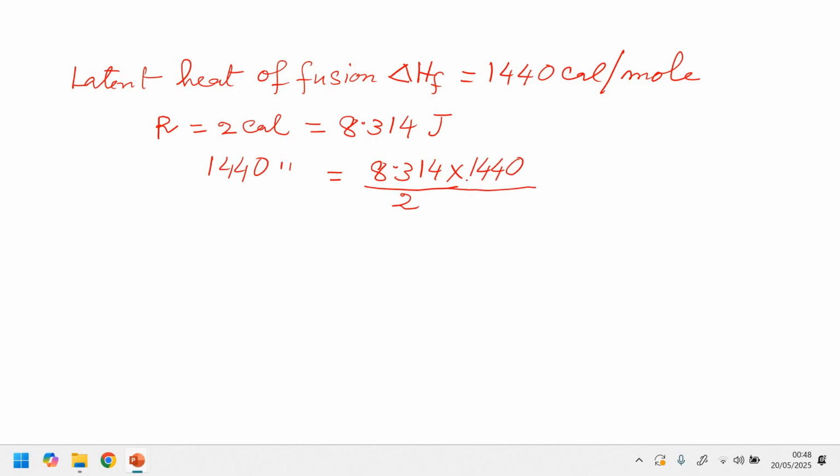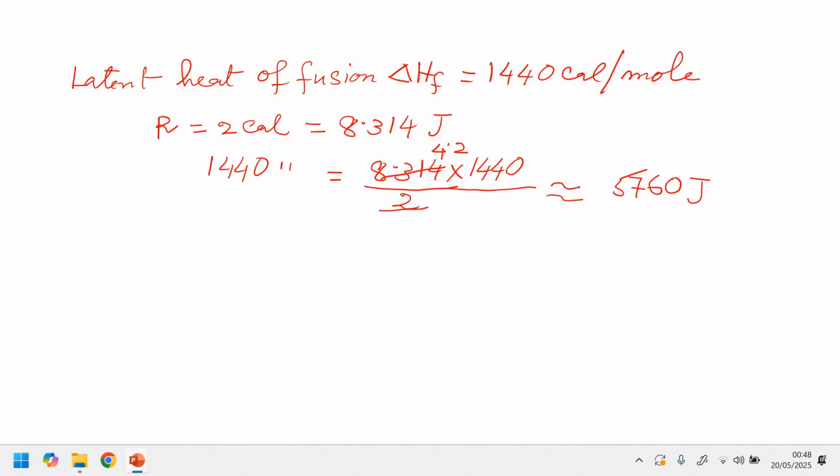Now, approximately, 8.314 divided by 2 is about 4.2, and if I approximate that as 4, then it will be 4 into 1440, which is approximately 5760 joules. Okay, this is approximate, right?